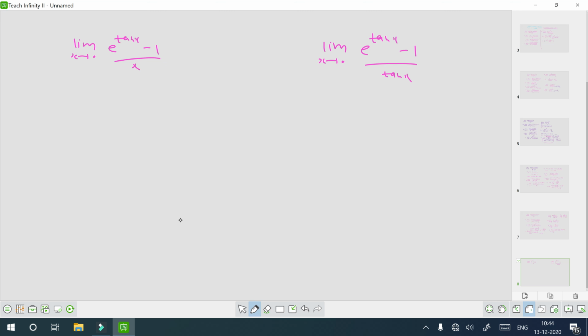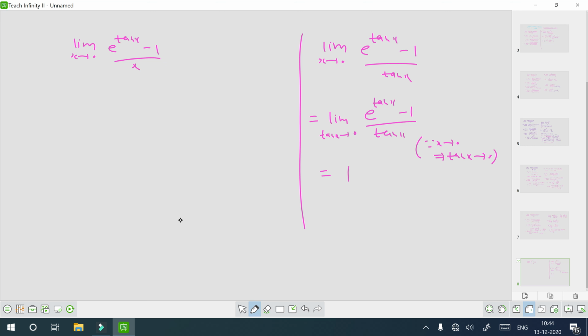See here. How to see? This is very easy. E raised to something minus 1 over that same function, and the function tends to 0. Clear? And that comes out 1, because x tends to 0 implies 10x also tends to 0.